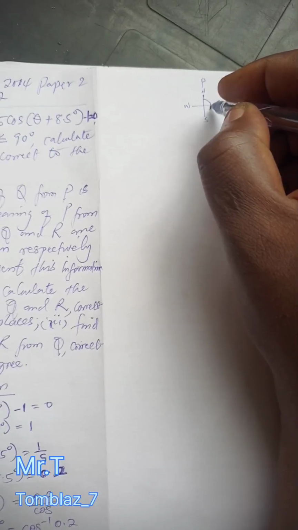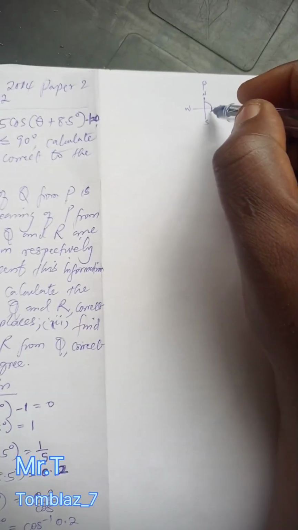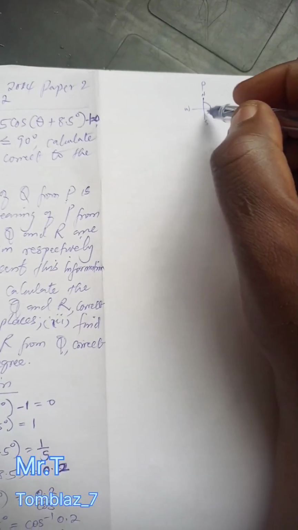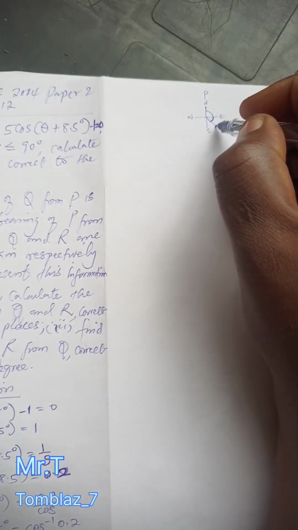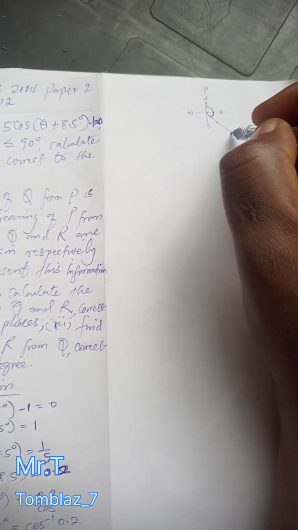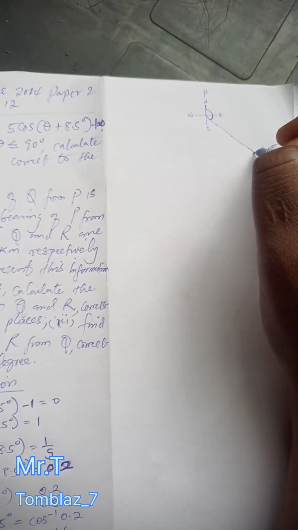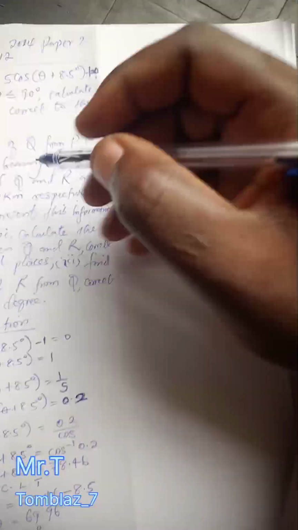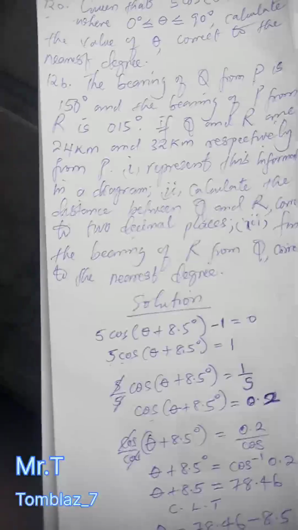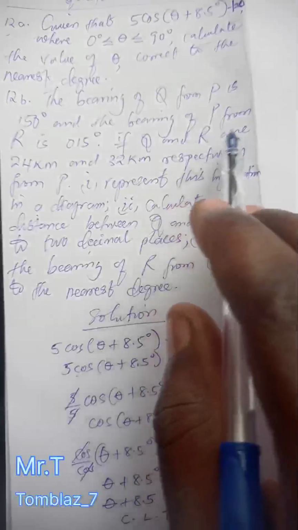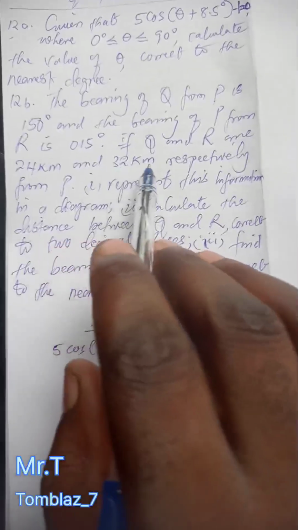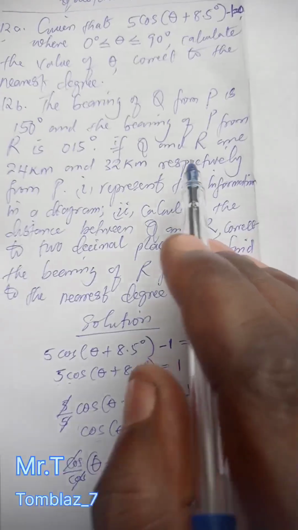So since this is not drawn to scale, 150 should be around the second quadrant, which will be between 90 and 180.